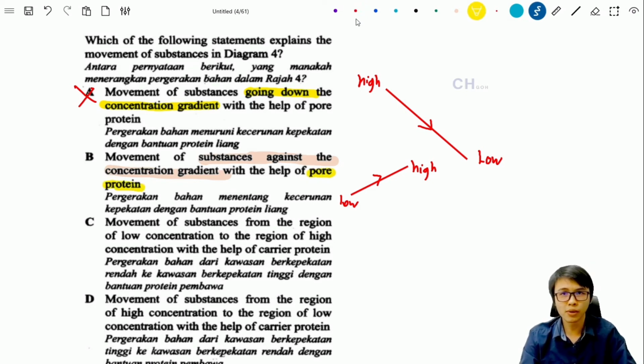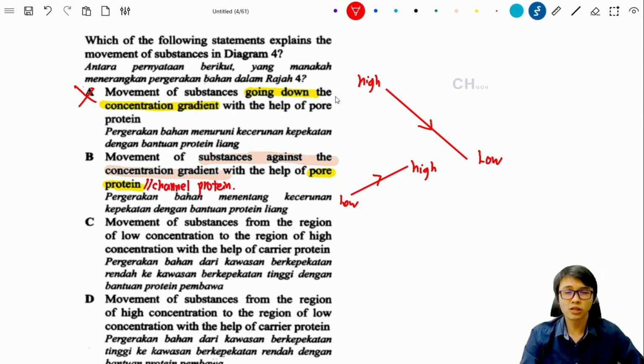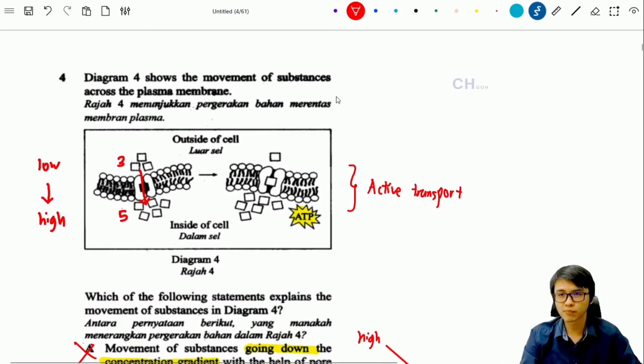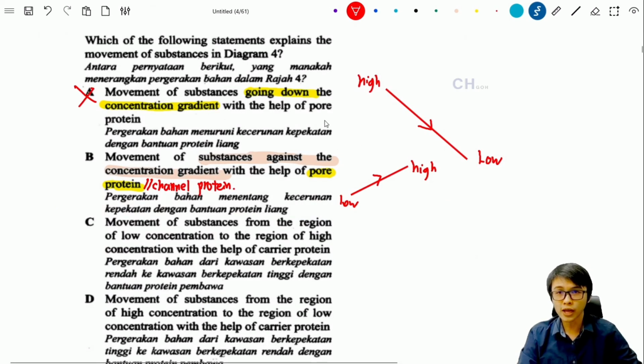So remember, pore protein has another name called channel protein. If you look back to the diagram above, you will notice that this protein changes shape to fit the substance. If it can change shape and is using ATP to transport the substance, I'm sure this is the carrier protein. So if the option is saying with the help of pore protein, then B is wrong as well.